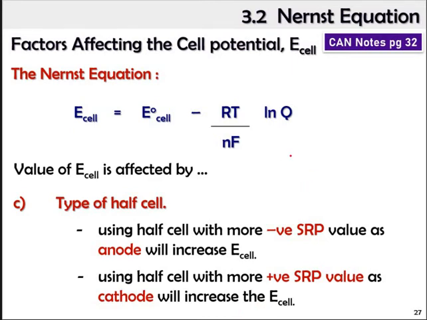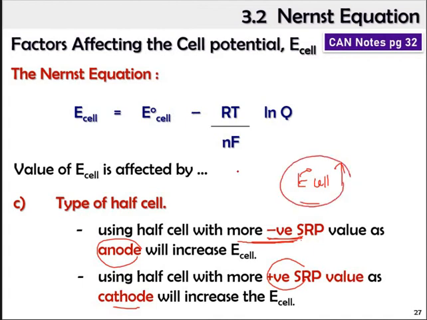Kita tahu E0 cell akan increase kalau kita guna yang more positive value pada cathode, dan juga kalau kita guna half cell di mana anode dia more negative. So dia akan increasekan E0 cell. Bila E0 cell increase, automatically E cell pun akan increase.